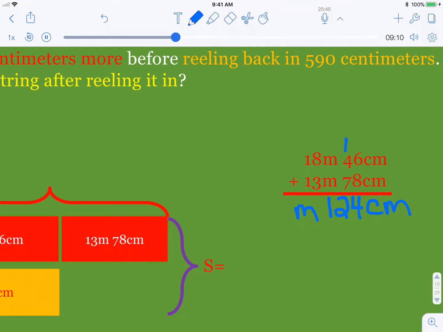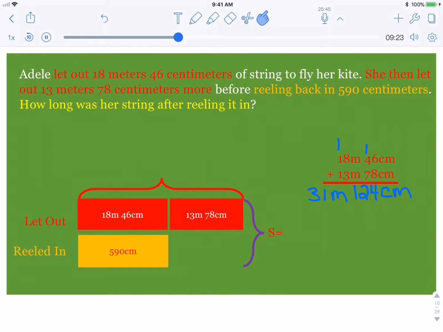And how many meters? 8 plus 3, that's 11, carry my 1. 31 meters, 124 centimeters. Well, if I have meters listed, can't I take my 1 and add it to my 31?